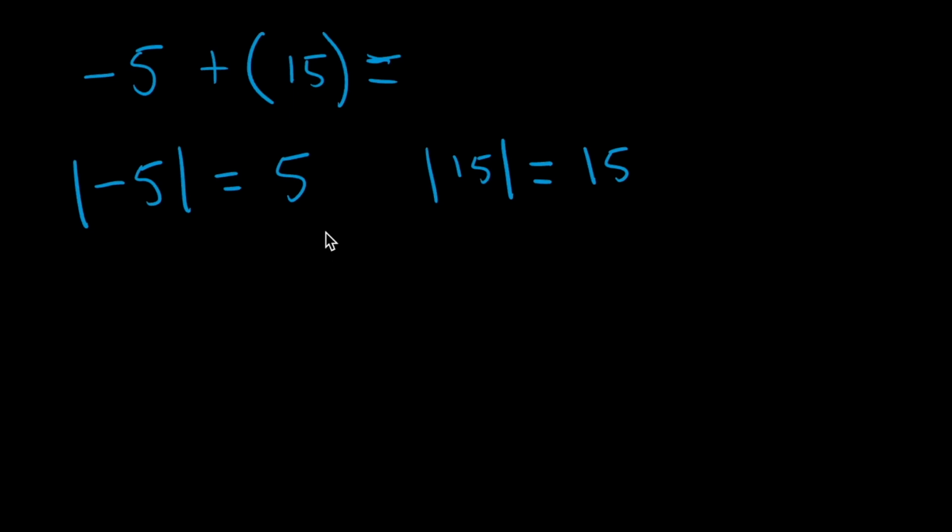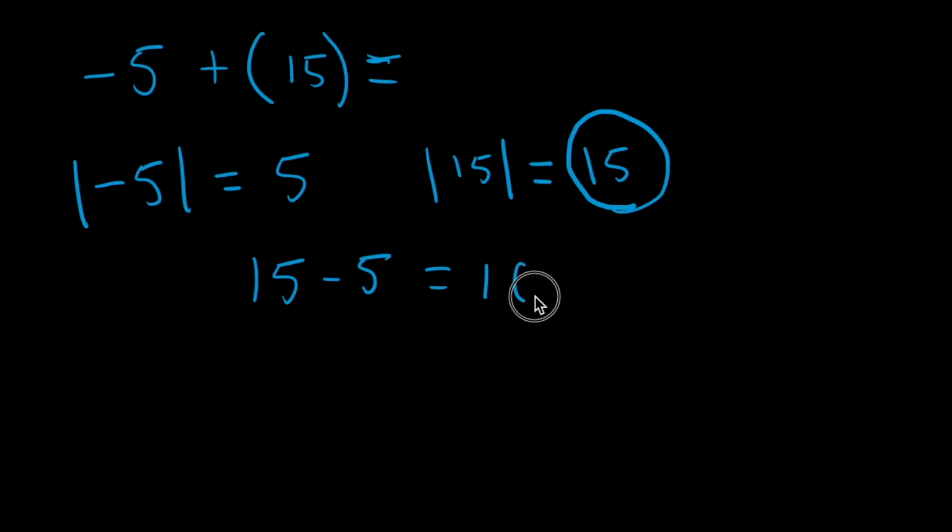So which absolute value is bigger? 15 is bigger than 5. So our answer will be positive because we're going to take the sign from the original number that gave us the larger absolute value, which is 15. So we need to subtract 15 minus 5. 15 take away 5 is 10.